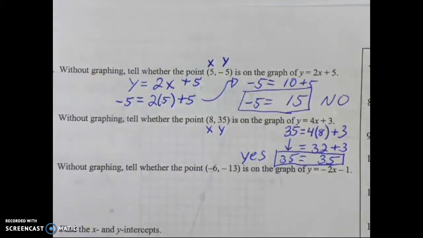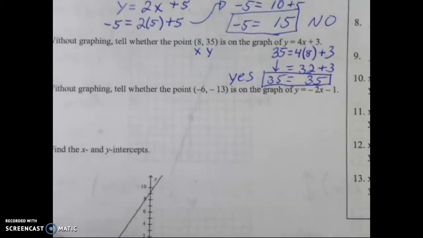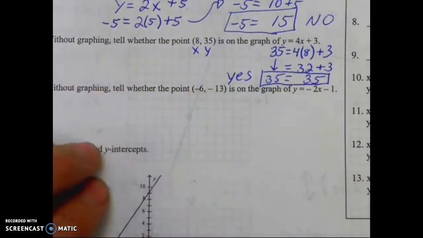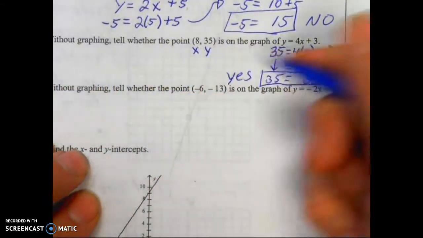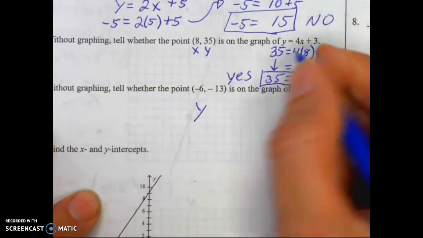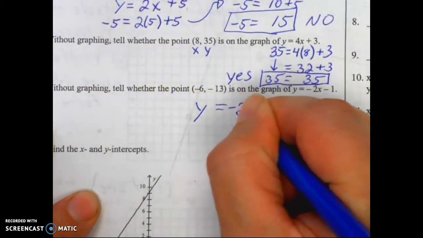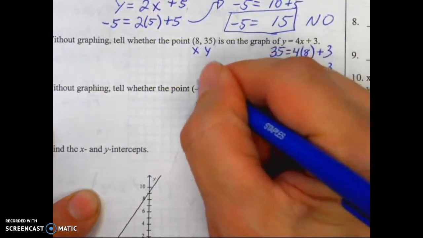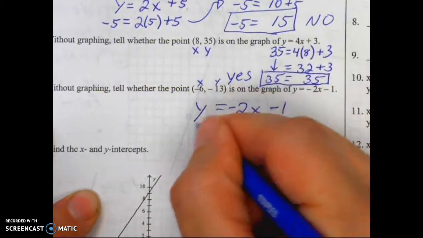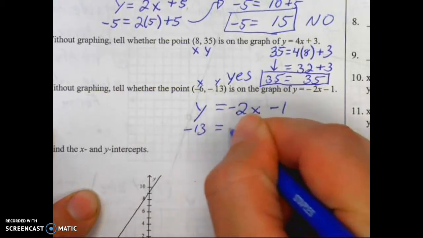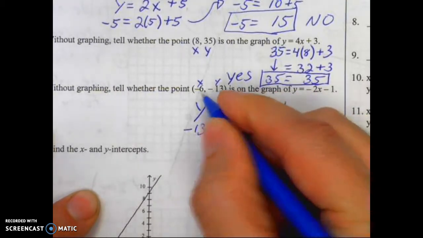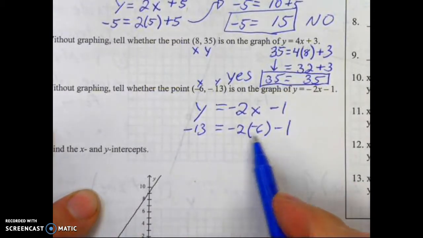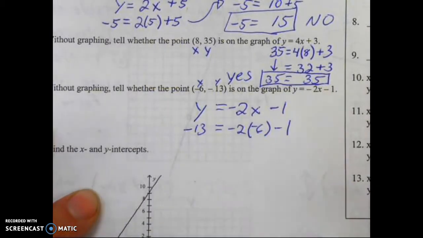All right, and then the last one has a couple negatives. You might have to be a little bit careful with this one. I'm going to write this over here. Y equals -2x minus 1, and again x, y, -13 equals -2 times -6 minus 1. You can also just type this straight into the calculator and see if it equals -13.